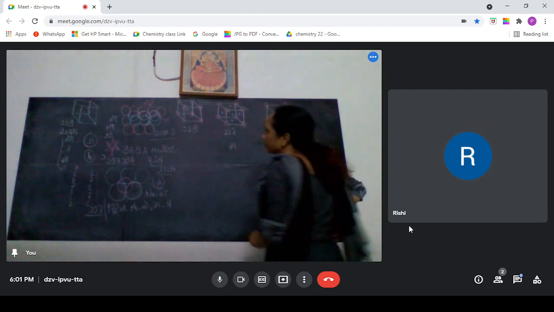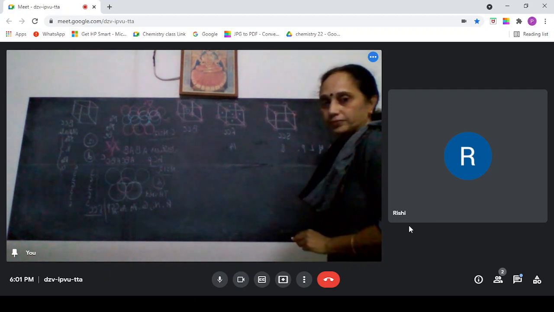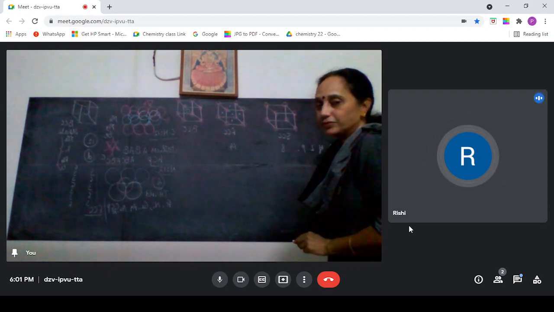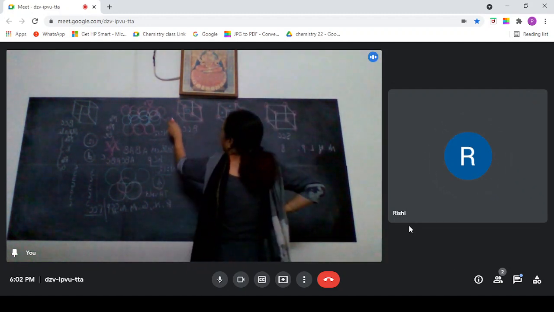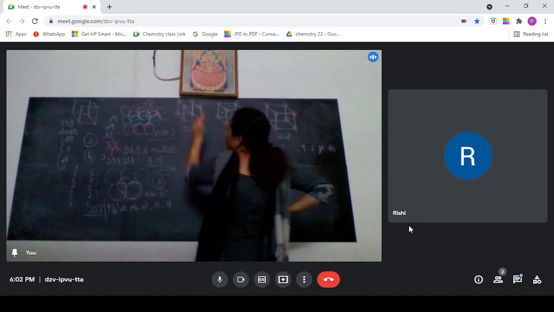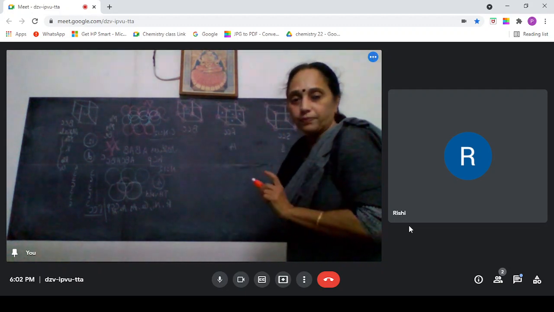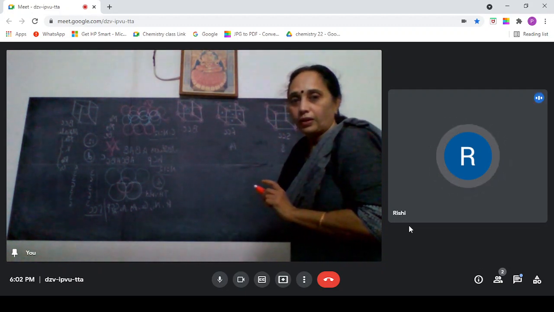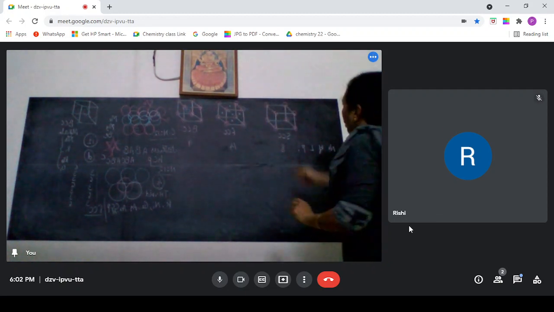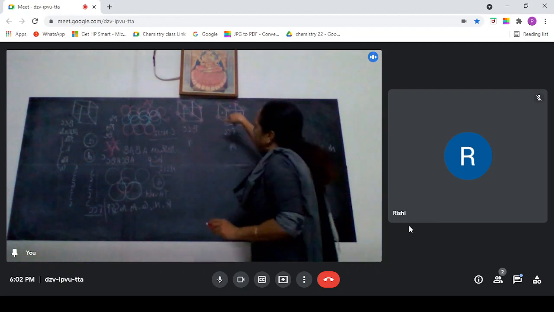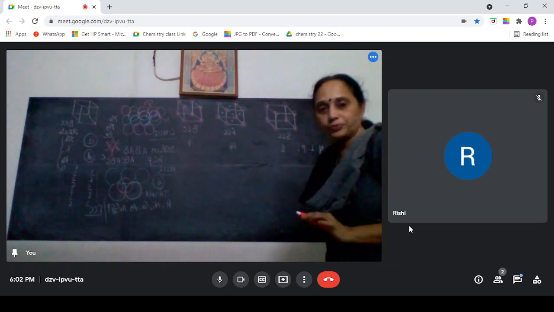Body centered? 8 plus 1, so 9. Lattice point means count only the particles present in each cube. Understood?